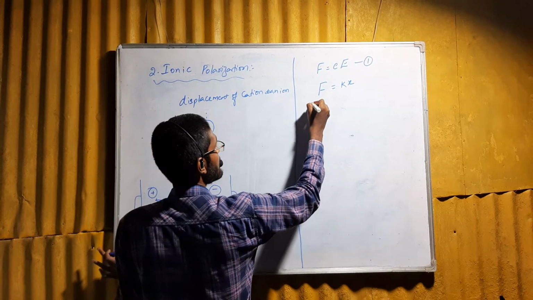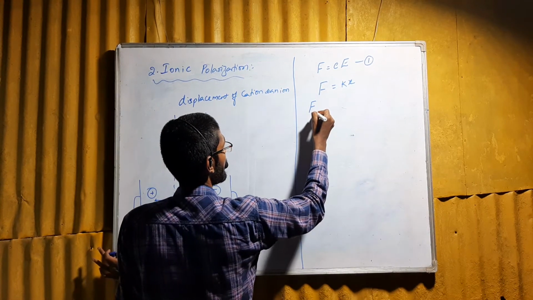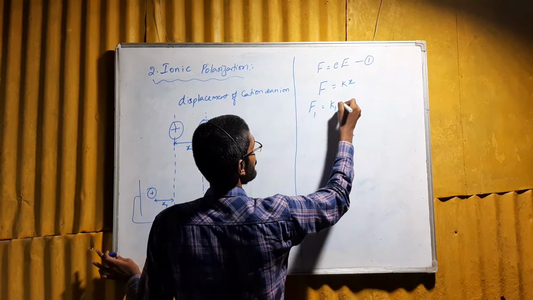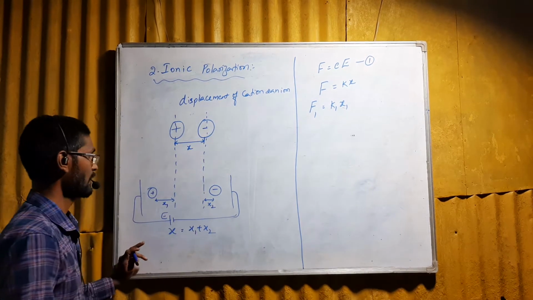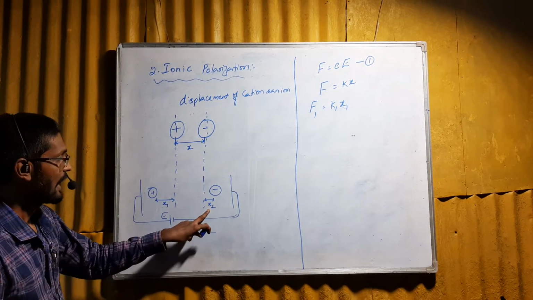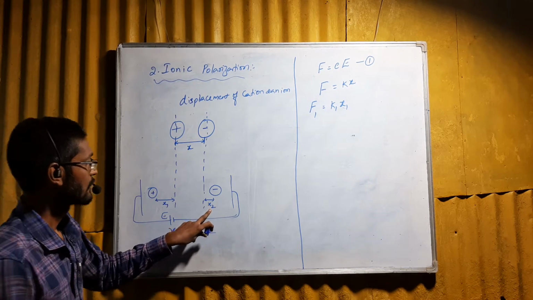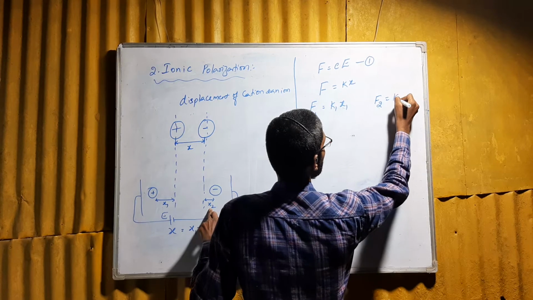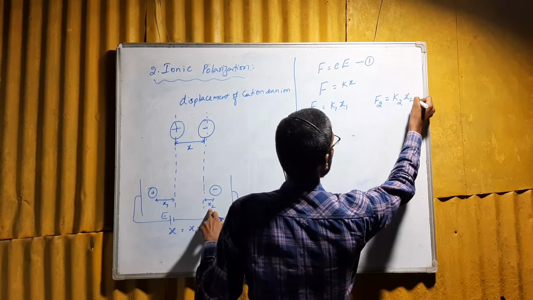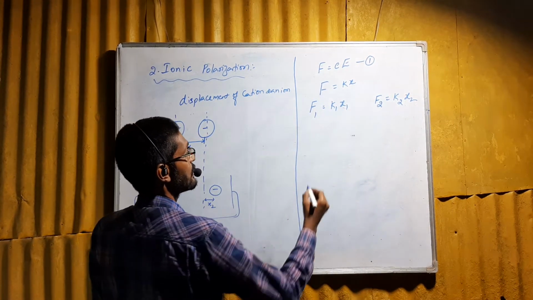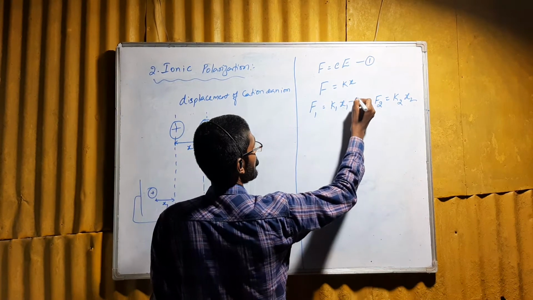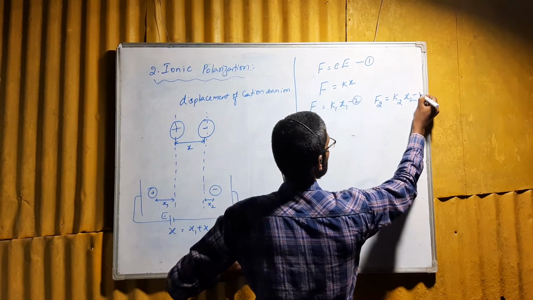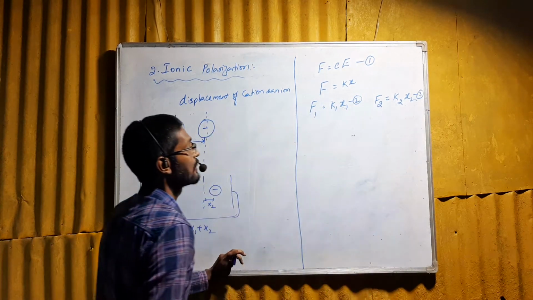The restoring force acting on the positive ion can be given as F1 is equal to k1 x1, and the restoring force acting on the negative ion can be given as F2 is equal to k2 x2.